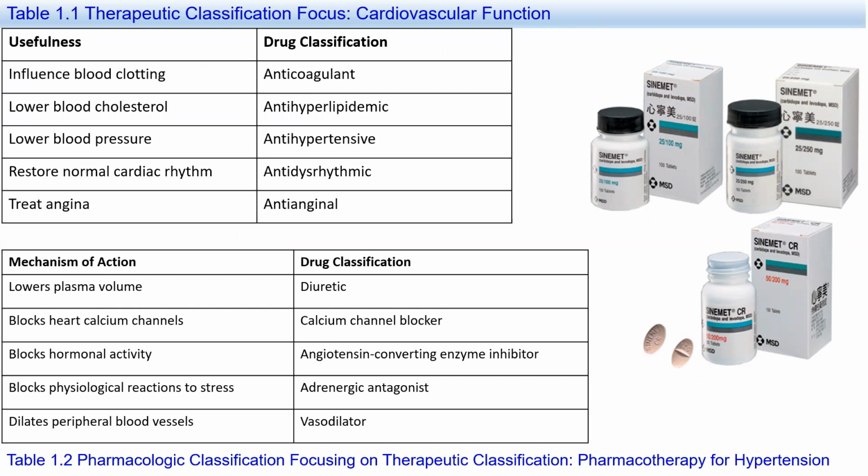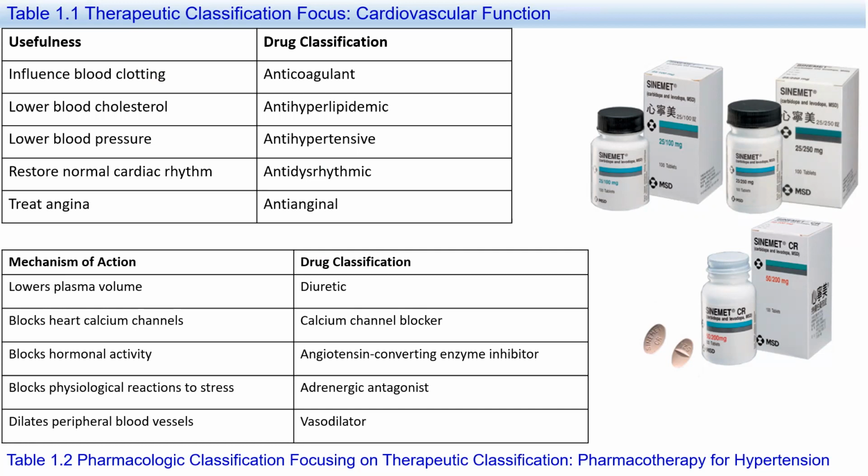For example, the top table shows the usefulness compared to the drug classification. So when we see anticoagulant, that's therapeutic classification, but usefulness is to influence blood clotting, or in lay terms, lay people will call that blood thinner.